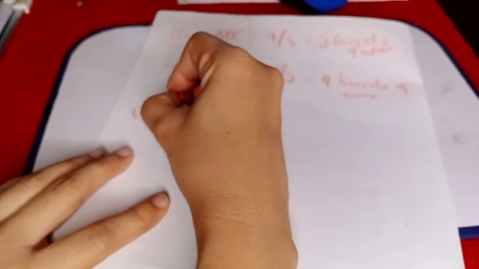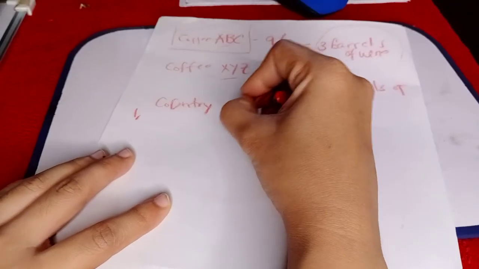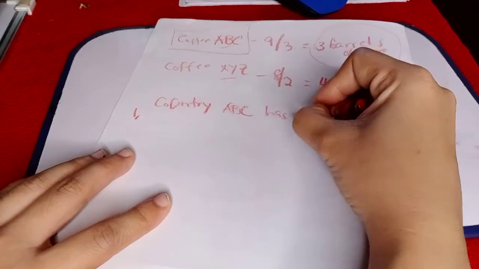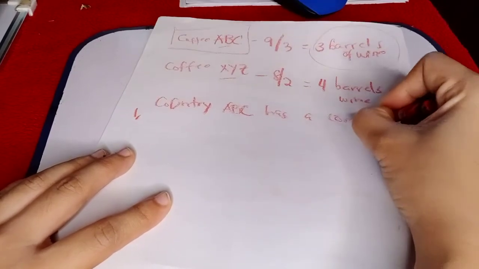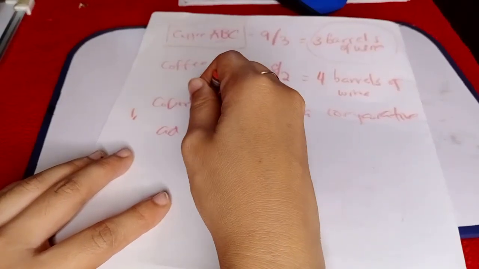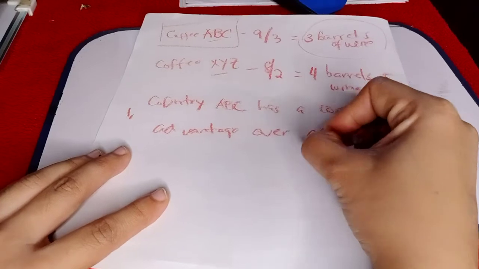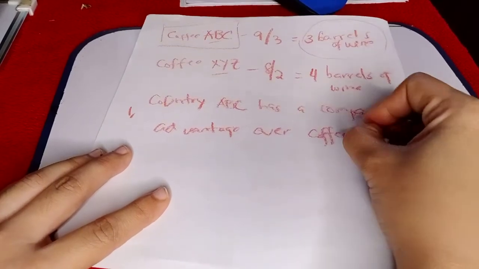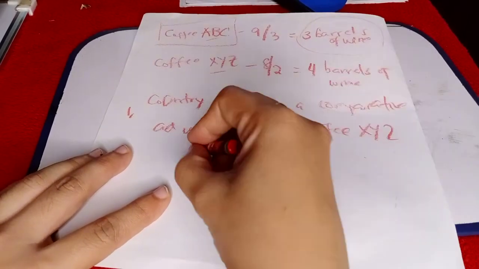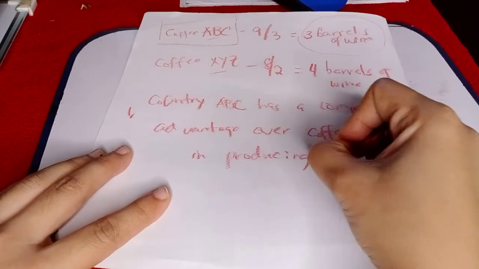And in this part, coffee, or country ABC, has a comparative advantage over coffee XYZ in producing only coffee.